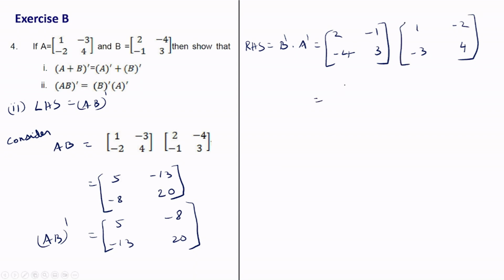Now if we multiply these two, it is 2 plus 3, 5, and then minus 4 minus 8, and minus 4 minus 9, minus 13, then 8 plus 12, 20. So this is equal to the left hand side. Therefore, AB the whole transpose equal to B transpose A transpose.